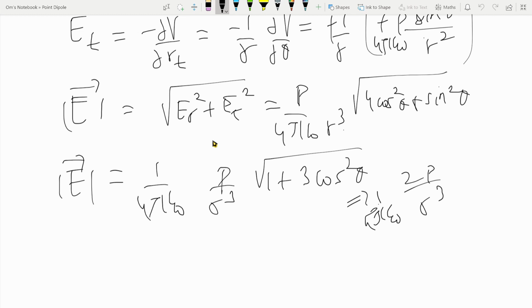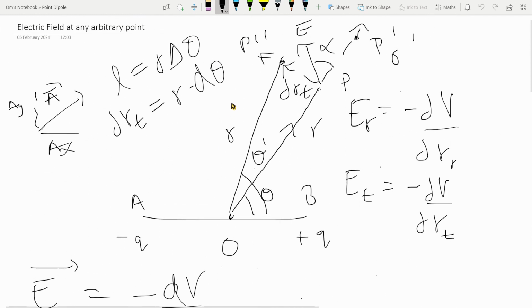But again, the electric field is a vector quantity, which I have stated numerous times throughout this video. And so what about the direction? This is only the magnitude, yeah? So to get the direction, we need to again go back to the figure. What we have essentially done over here is we have found this component, which is the transverse component, and this component over here.